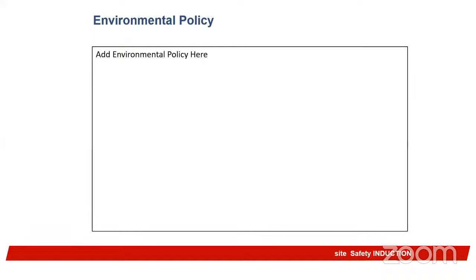When it comes to operations, what are the environmental aspects and effects that your work has on the environment and the environment has on your work? It is a two-way thing, and that will be addressed from your environmental policy. If you have an environmental policy in your organization, definitely you add it here. And if you do not have one, this slide tells you that there are extra miles you need to go to assist and support your organization wherever we work.